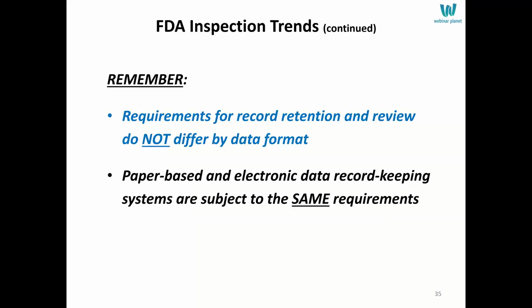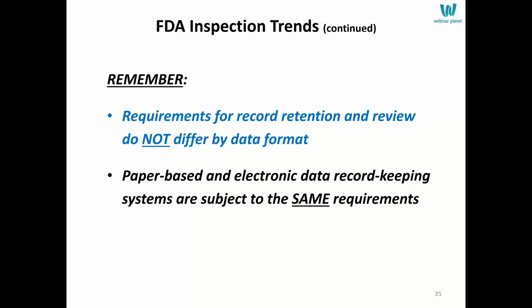So remember some things: requirements for record retention and review don't differ by data format. So if it's structured data, which is a typical database record with uniform fields, or it's unstructured data, which would be something like a Word document, an Excel spreadsheet, or perhaps a PowerPoint or PDF.